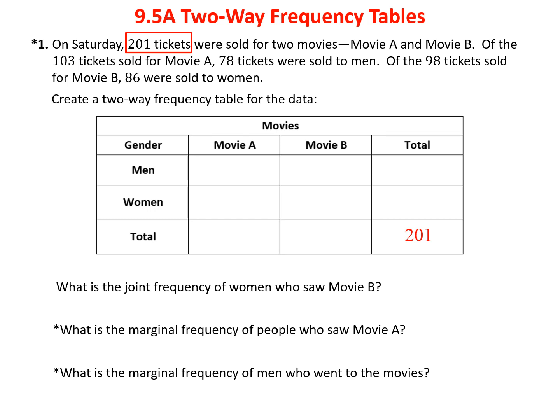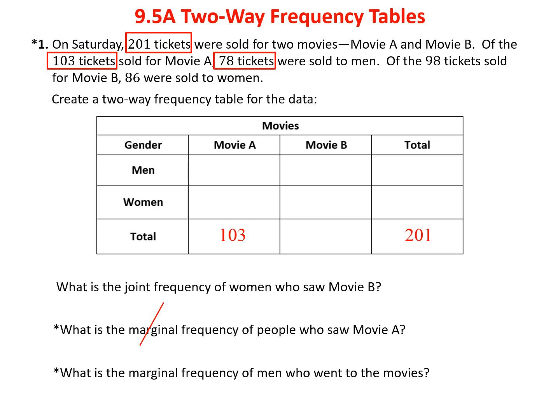The next sentence says, of the 103 tickets sold for movie A. So that's the total tickets sold for movie A, a marginal frequency, which is right here. See, it's the total of the column, movie A. There's my marginal frequency right there. Now, of those 103, it says that 78 were sold to men.